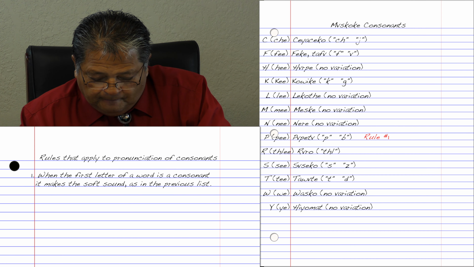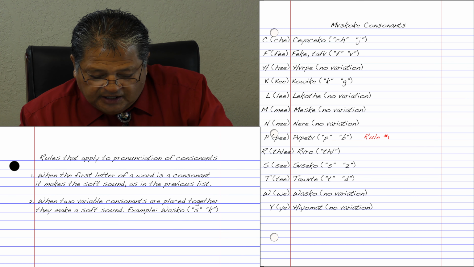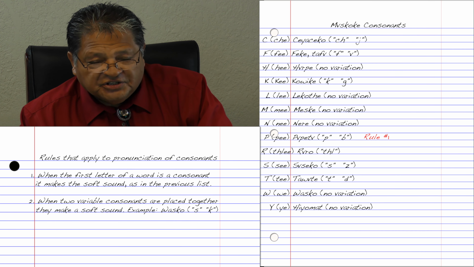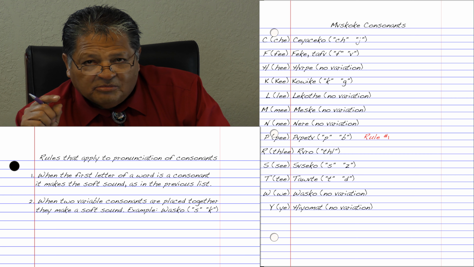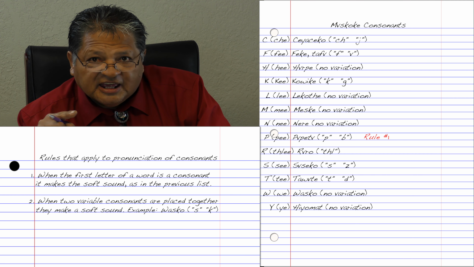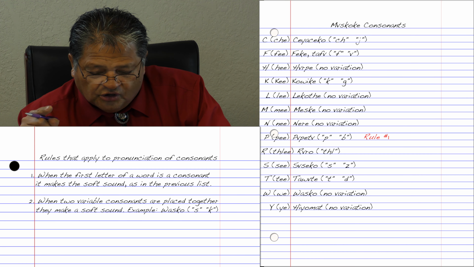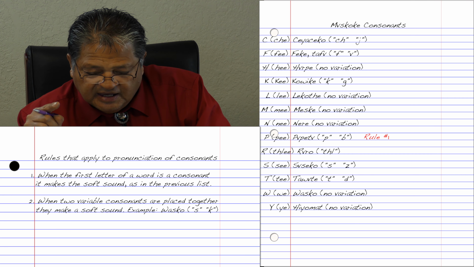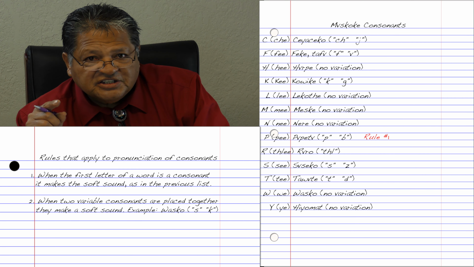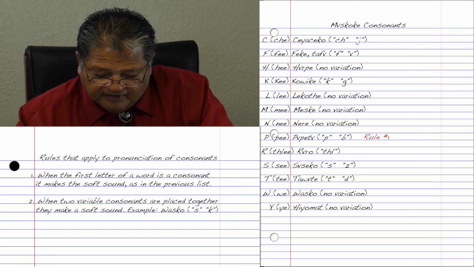The next rule: when two variable consonants, and please understand what I mean by variable. Variable consonants are the consonants that can make two different sounds, a hard sound or a soft sound, such as C, which is S or Z. Let's use that for example.